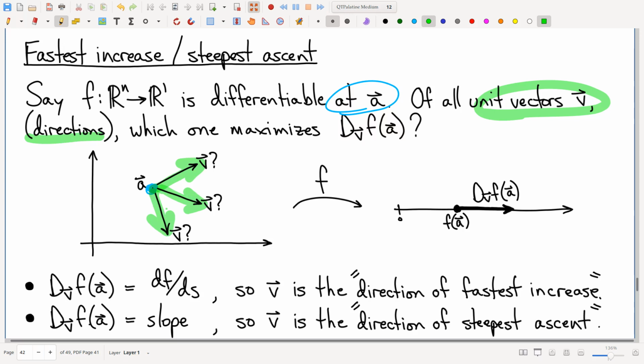So a bunch of different directions that I could move, right? I'm standing, and I'm like, I could go that way, or I could go that way, which way should I go? Right? Thinking about my options. And in particular, what's going to decide that for me is that I'm interested in looking at the directional derivative. There's some function here, f, and I want to know how fast that function's changing.